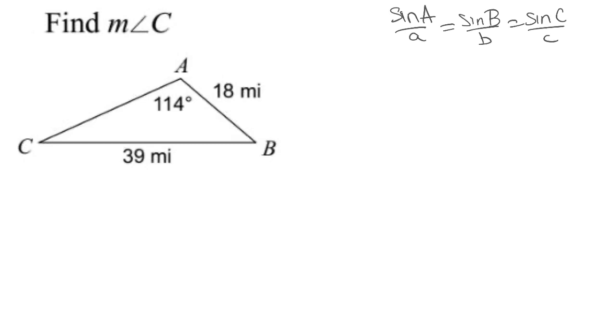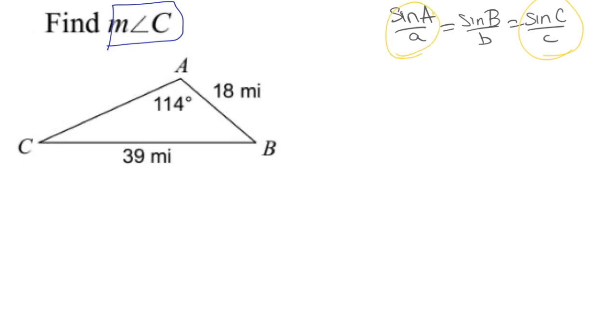If I look at the problem they gave us, they want me to find angle C. So if I'm looking for angle C, I know I need to at least look at sine C over C. Now I need to figure out if I need sine of A over A or sine of B over B. I know something about angle A. Do I know something about side A? Yes, I do. So I know I'm going to use sine A.